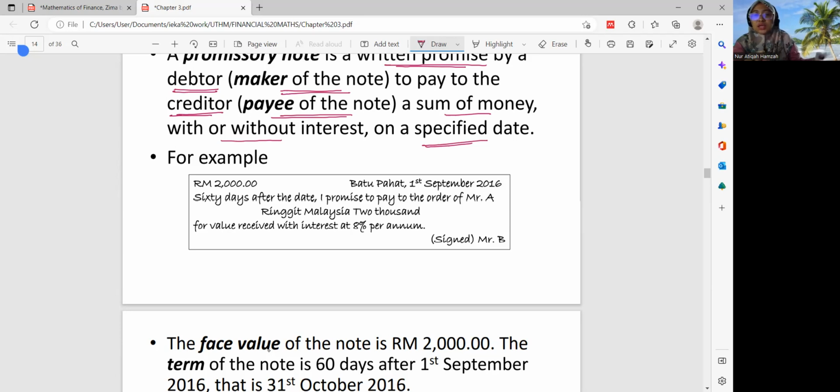Maksudnya kat sini, dia pinjam 2,000 dan dia akan bayar berserta dengan interest sebanyak 8% per annum.